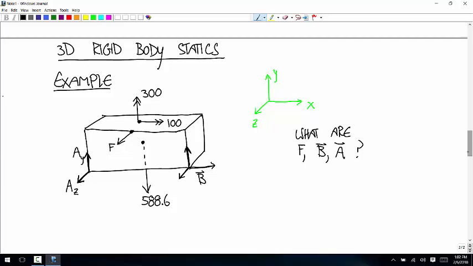So the most variables that we can deal with for a single rigid body is 6. You might want to check that first. If you have 7 or more, you're just out of luck. There's nothing you can do. It's not an algebra problem. It's just not possible. So here we have how many variables? 1, 2, 3, 4, 5, 6. So it should be good. It's not guaranteed because sometimes the equations can be redundant, but it looks good.